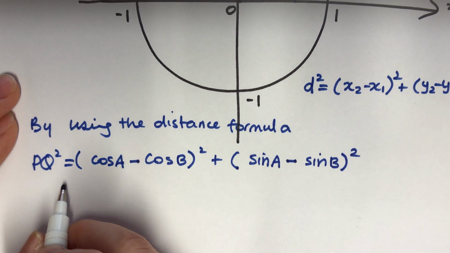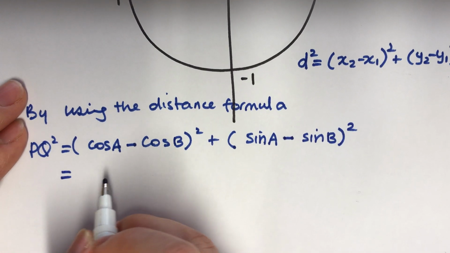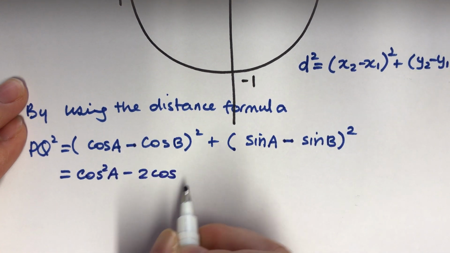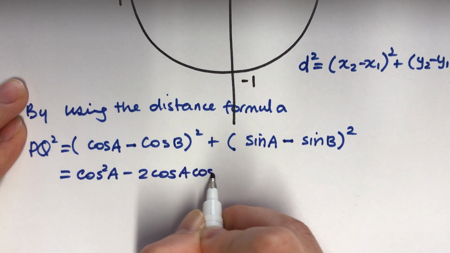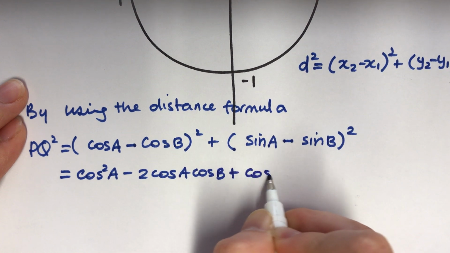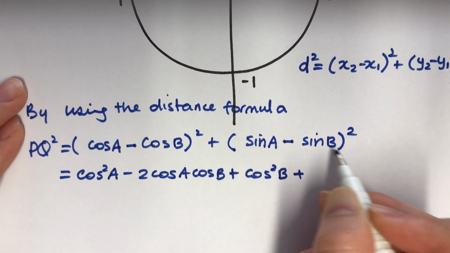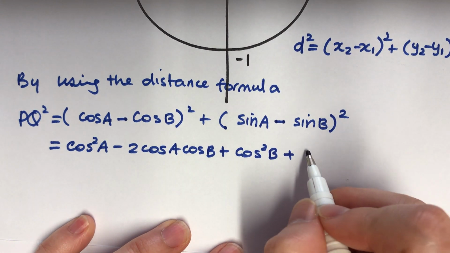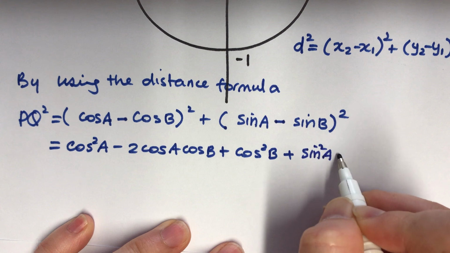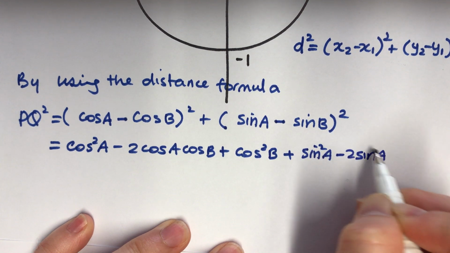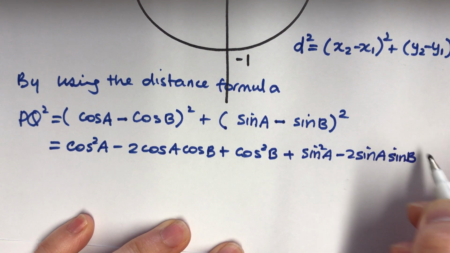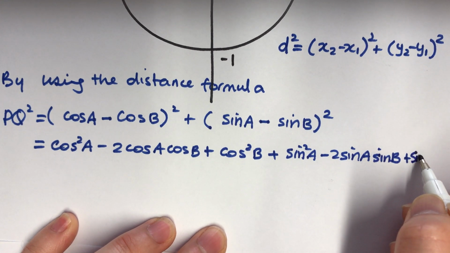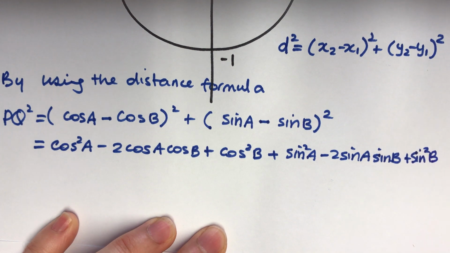I'm going to expand this because it's a perfect square: cos² A − 2 cos A cos B plus cos² B, plus sin² A − 2 sin A sin B plus sin² B.